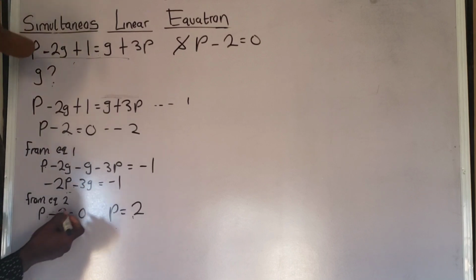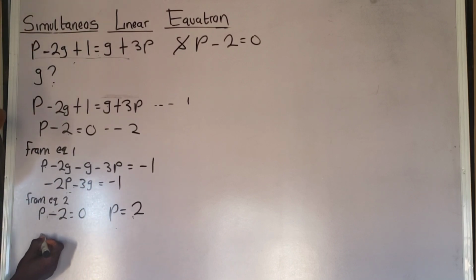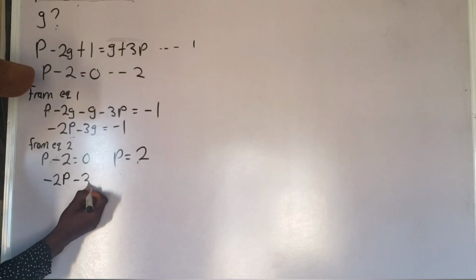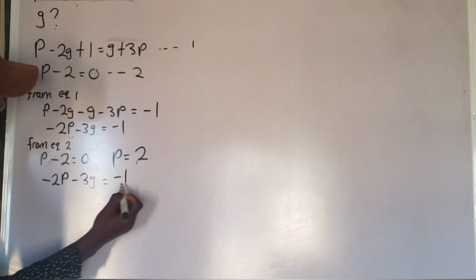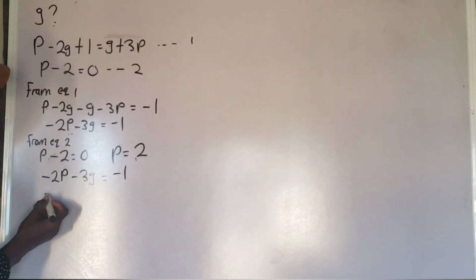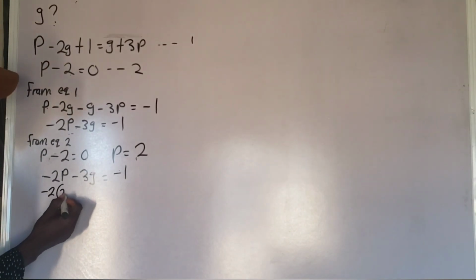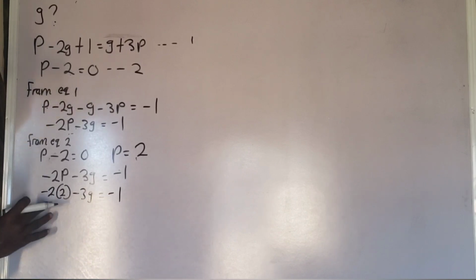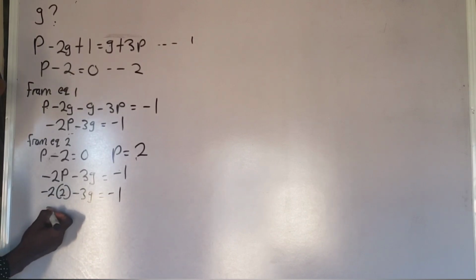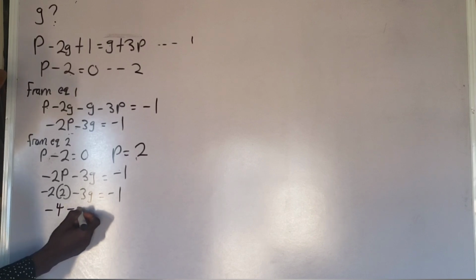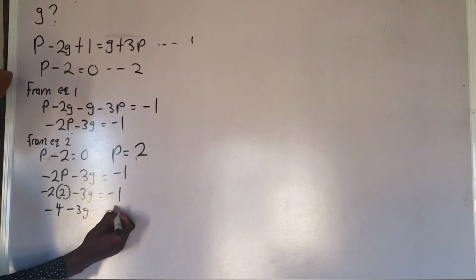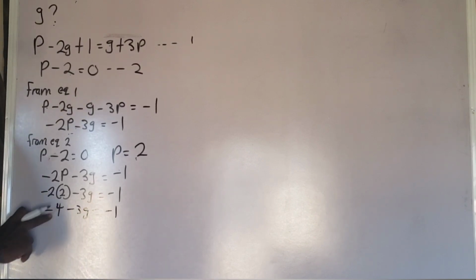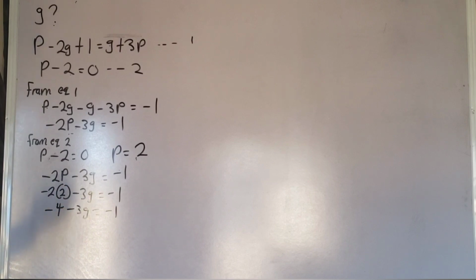So I'm going to have negative 2p, negative 3g equals negative 1. Now, when p is equal to 2, I have negative 2 into bracket 2, minus 3g equals negative 1. Negative 2 times 2 is negative 4. So negative 4 minus 3g equals negative 1. If this negative 4 crosses the equals sign, it changes to positive.